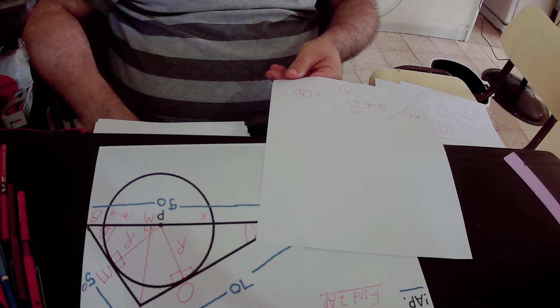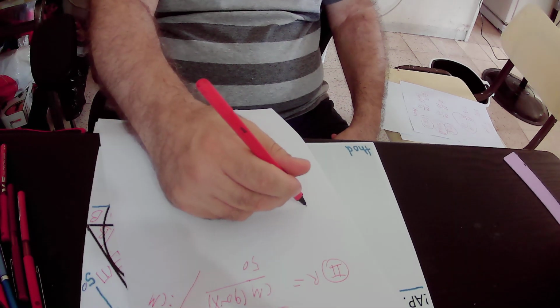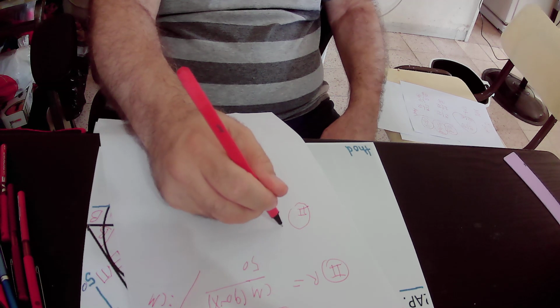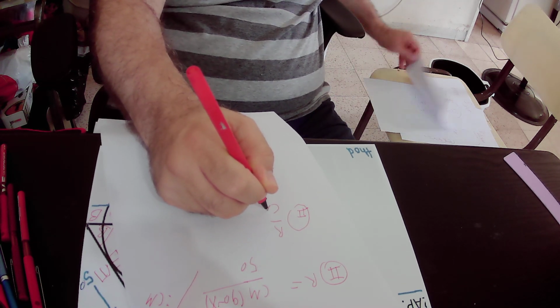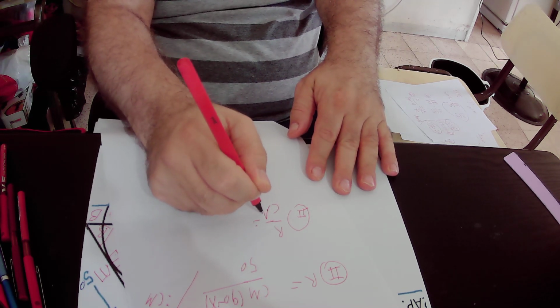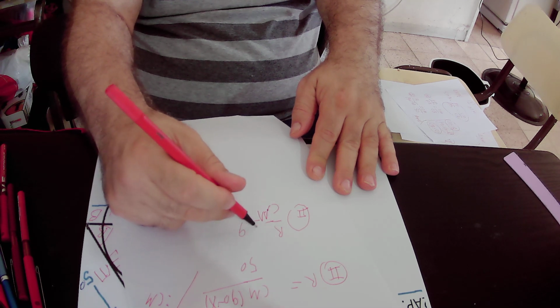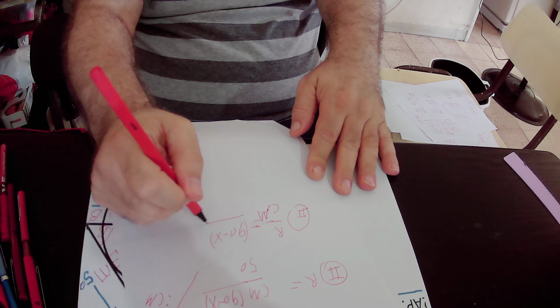Okay, so we will get that R over CM equals 90 minus x over 50.